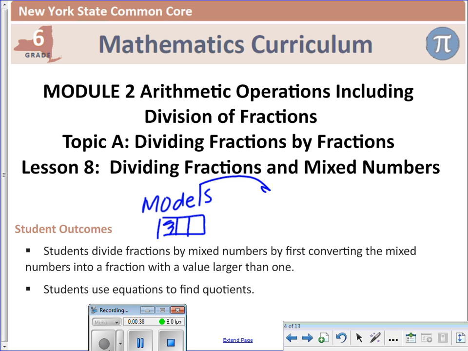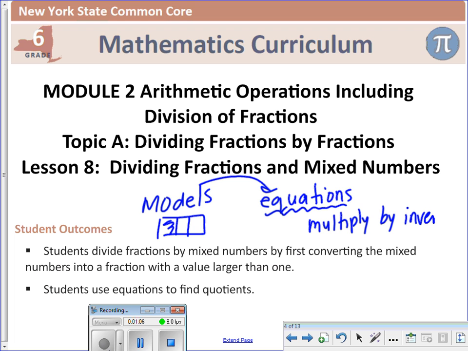Yesterday, we took our bridge from models to equations. The models helped us see why we do that keep, change, flip that you learned. You saw where it came from. So today we're going to focus on dividing fractions and mixed numbers using equations, which is to multiply by the inverse.